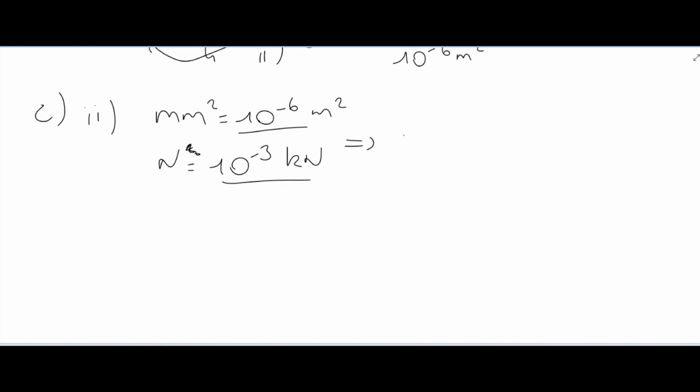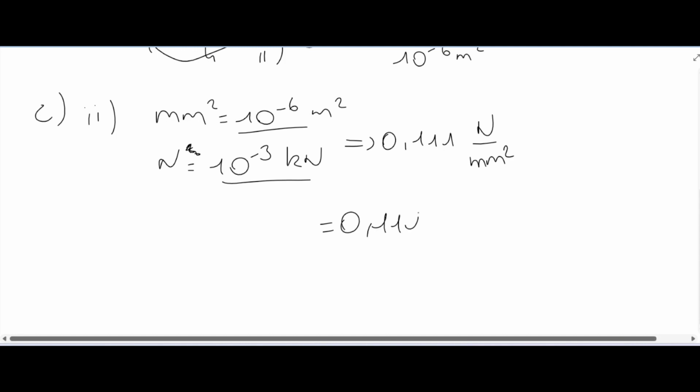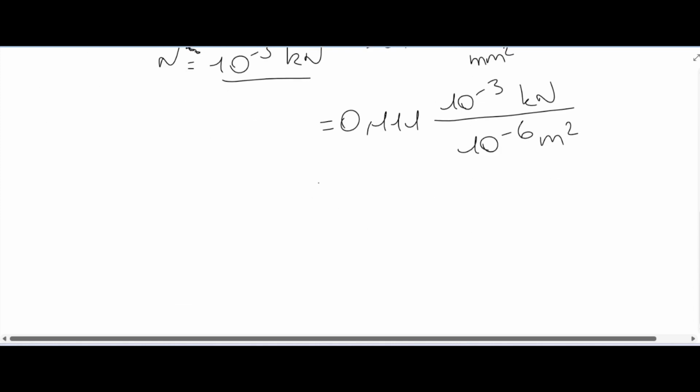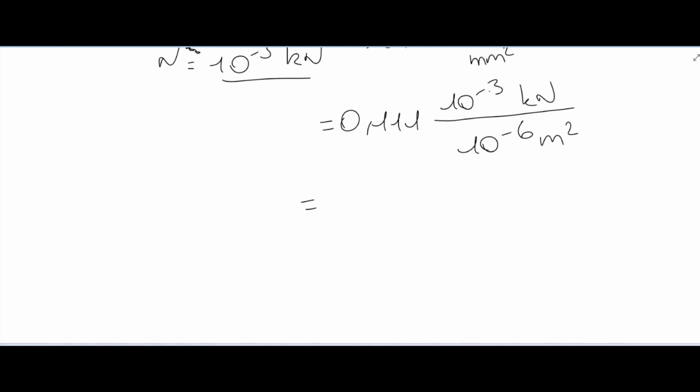So when we have 0.111 newtons per millimeters squared, it's the same as 0.111 newtons. We'll replace it by 10 power minus 3 kilonewtons, and millimeter squared is the same as 10 power minus 6 meter squared. And if we use the basic rules, so this is 10 power minus 3 divided by 10 power minus 6.